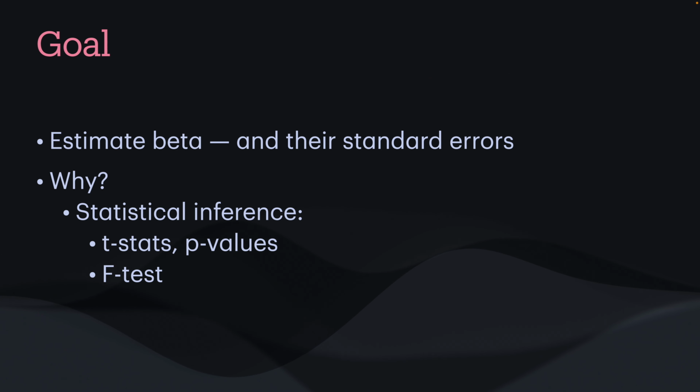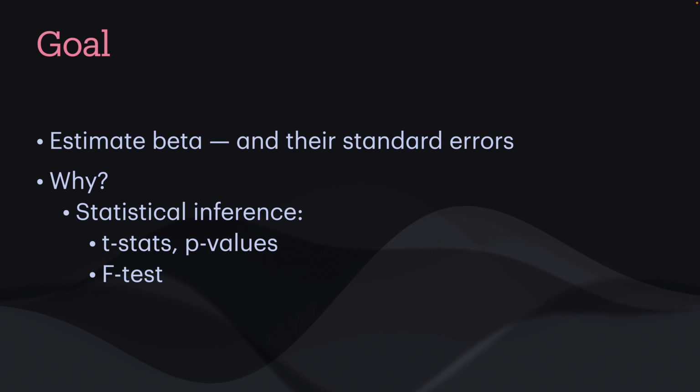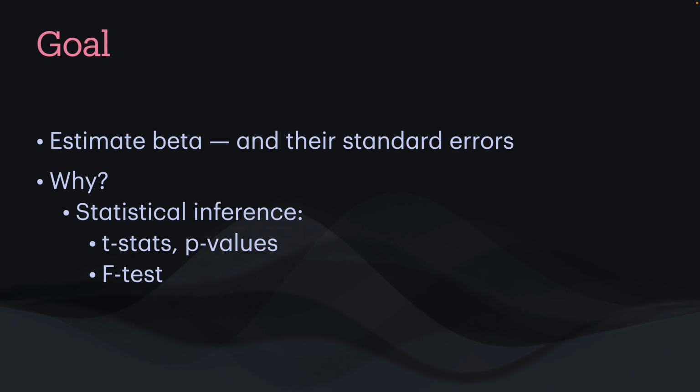Some tests, like the F-test, require the full covariance matrix from which the standard errors are derived. In the context of panel data, getting these standard errors right is crucial because they have to account for complex dependencies across entities and over time. To keep things simple, from now on, let's assume that the entity is a firm and the time is a year.